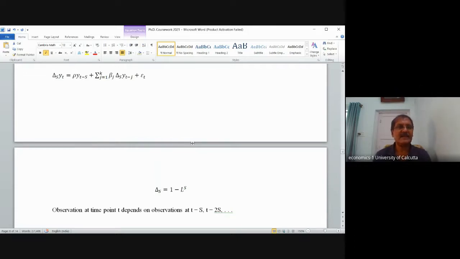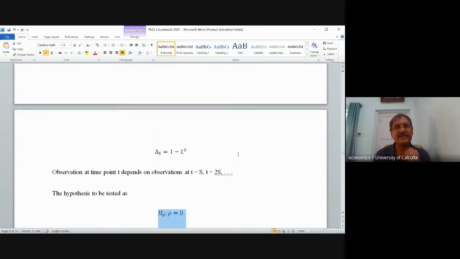So it is delta 4 YT is equal to rho YT minus 4 plus sum of beta J delta 4 YT minus J plus epsilon T. So if rho equal to 0 is not rejected, in this case, unit root is present. And how many unit roots?